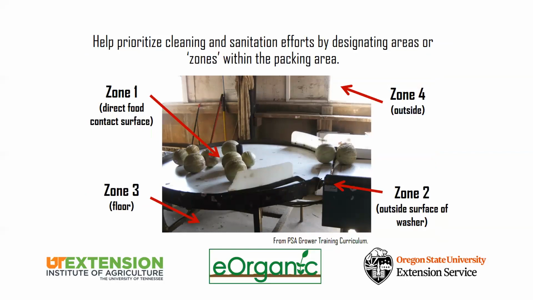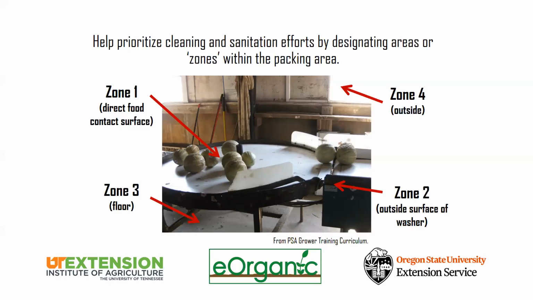Zone 1 are things that come in direct contact with the produce. You can see here that these melons are on a sorting table and they're directly touching that sorting table surface. So that's a zone 1, and we want to be really cognizant of cleaning and sanitizing that surface so those cantaloupes aren't getting contaminated and spreading that contamination from one fruit to the next.